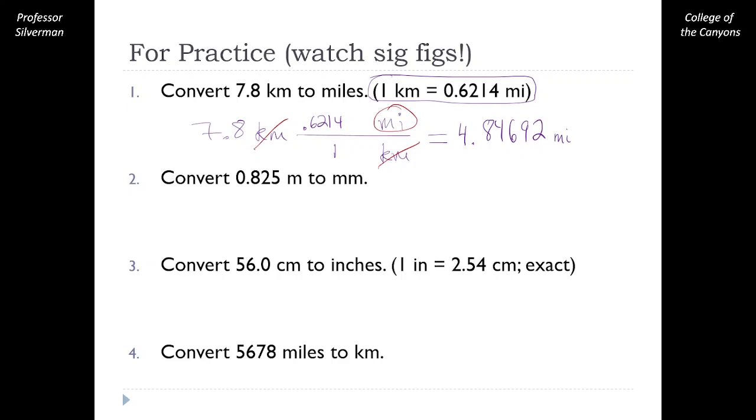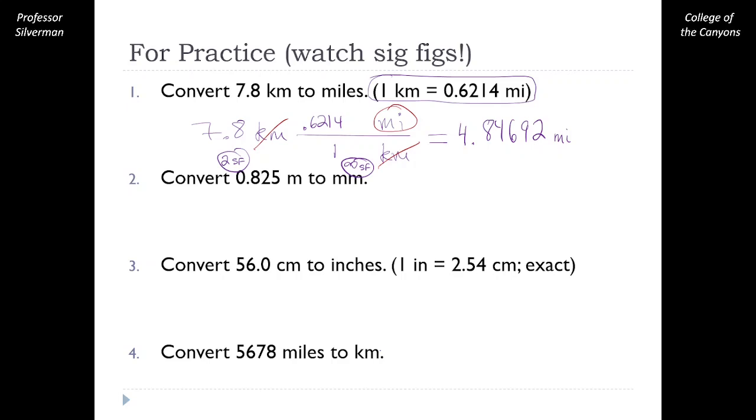Remember, we have to be smarter than our calculator. Don't forget about our significant figures. It looks like we're doing multiplication. We have to keep the fewest number of sig figs. Our value to begin with is 2 sig figs.